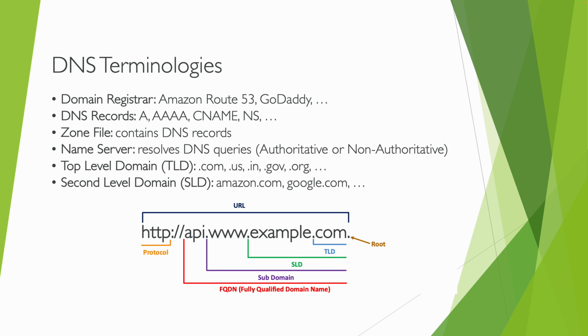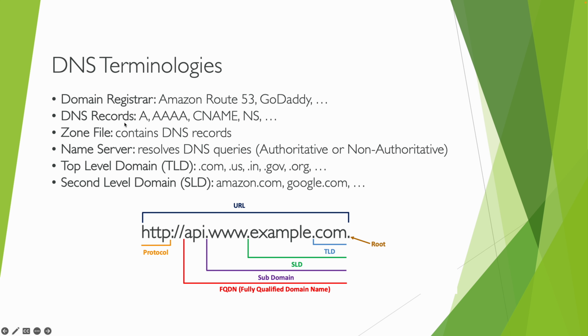So which IP address to redirect to when you hit a domain name is information available with the domain registrars. Amazon Route53 and GoDaddy are some of the domain registrars. You can buy domains from them, and they maintain the register of the domains.